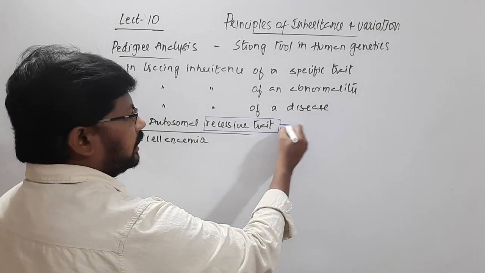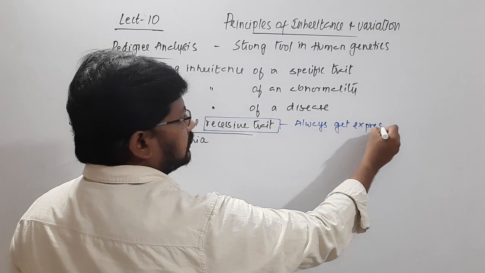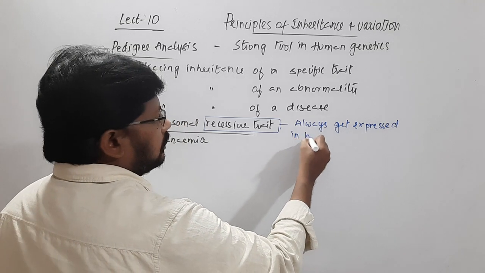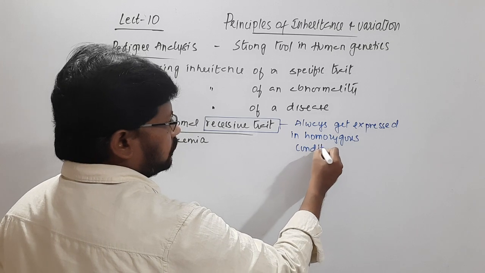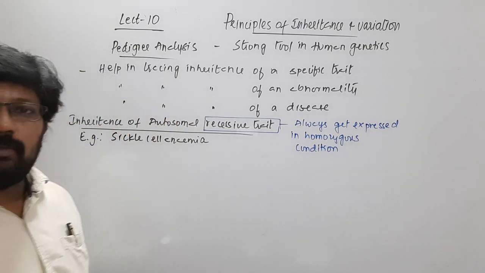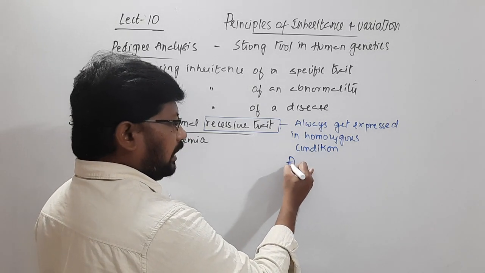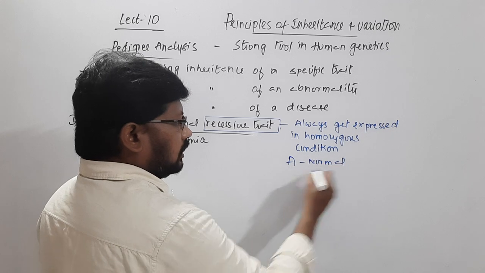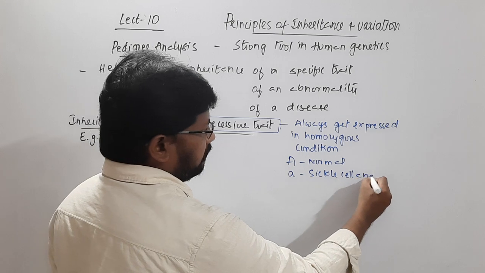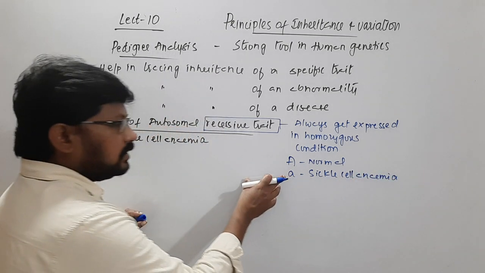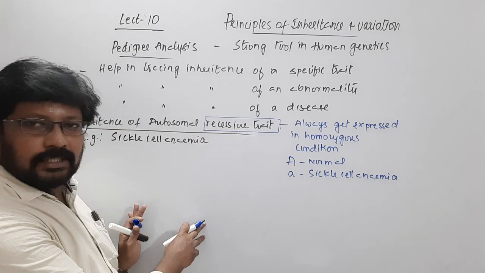always get expressed in the homozygous condition. Suppose I take a capital A as the normal condition, and small a as sickle cell anemia. Because I have taken small a, sickle cell anemia is a recessive trait.